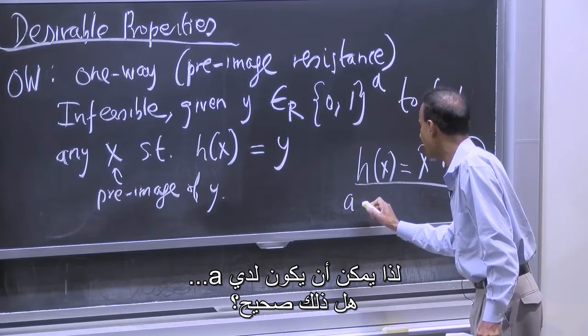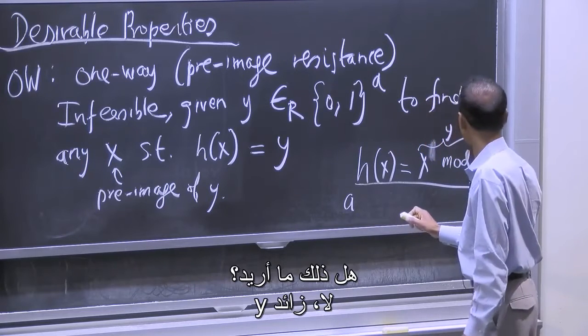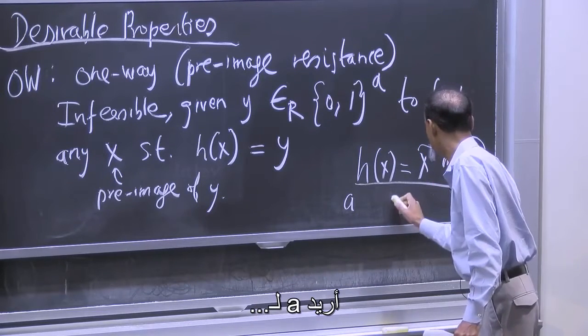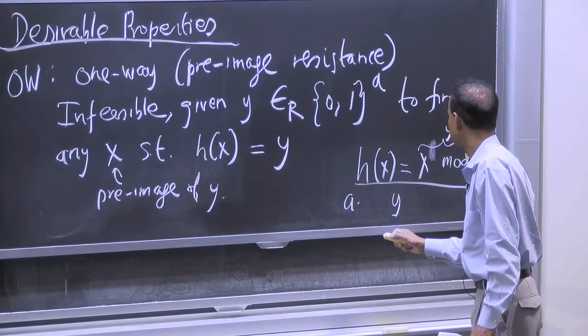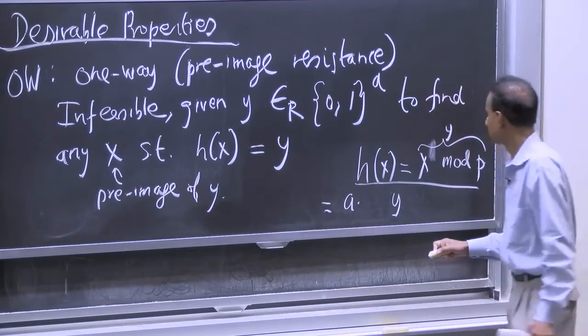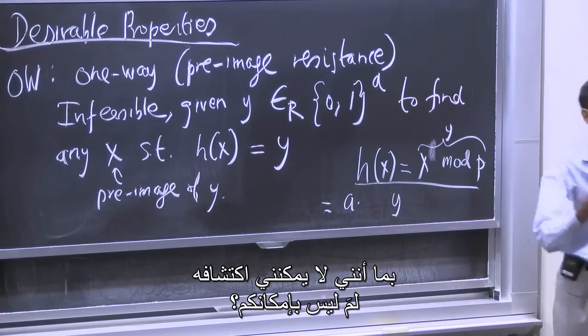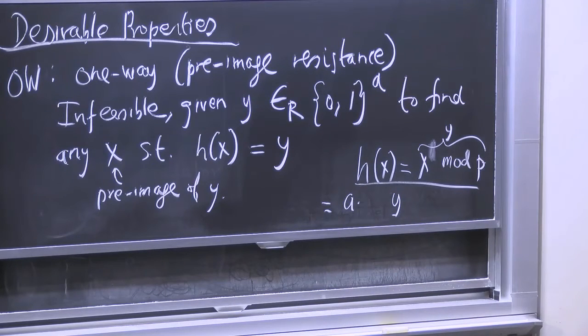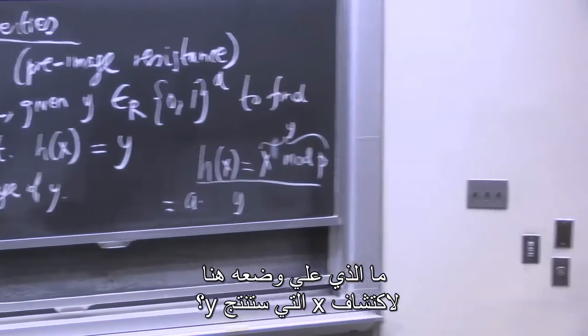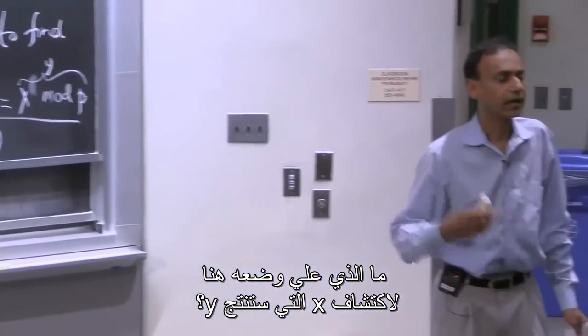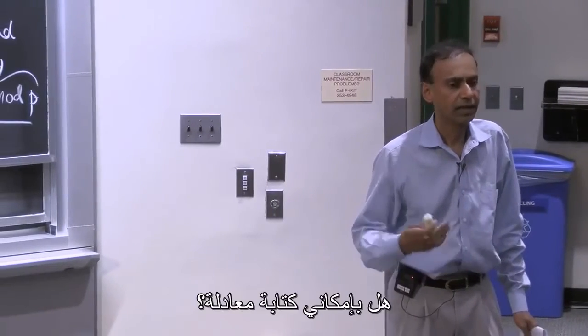So I could have a, is that right? Is that what I want? Yeah, no, plus y. So I want a of, well, since I can't figure it out, why can't you? What do I need to put in there in order to discover an x that would produce a y? Can I write an equation?